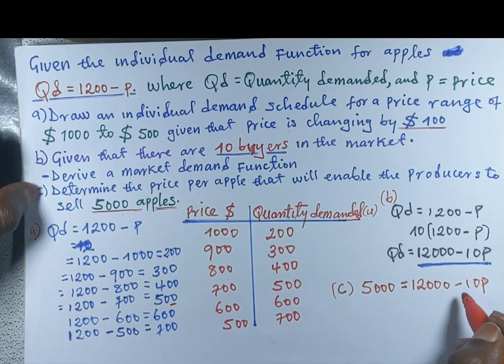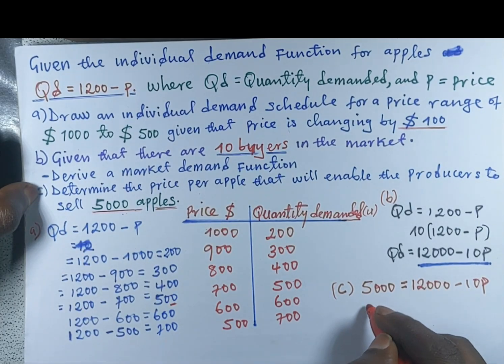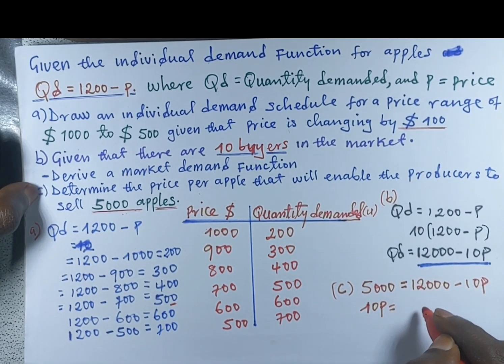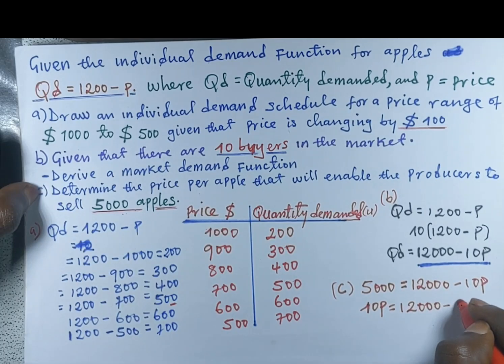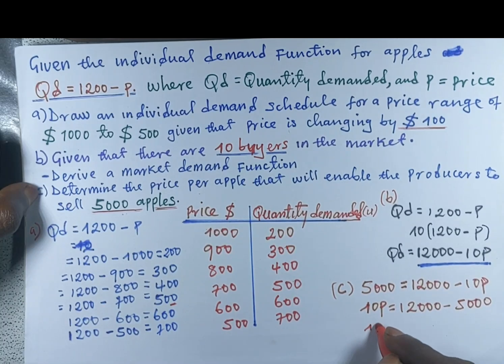So we are going to collect like terms together. We're going to have 10P equal to 12,000 minus 5,000. So when we do that, we are going to have 10P equal to 7,000. When we take 12,000 and subtract 5,000, we are going to have 7,000.